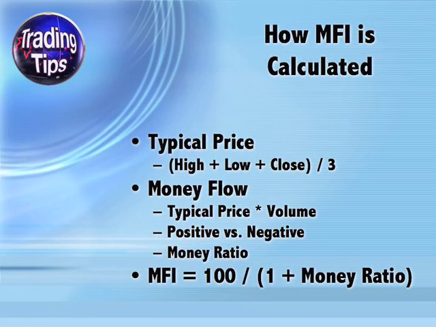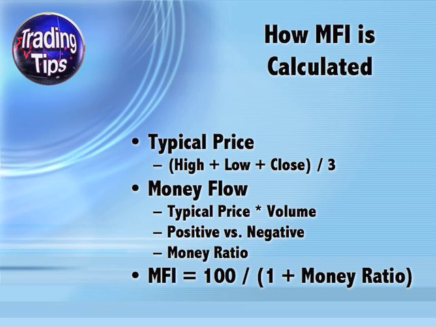Really quickly, let's take a look at how MFI is calculated so you can better understand why it's such a valuable technical indicator. First, there's the concept of typical price, which is the average of the stock's high, low, and closing prices of a given day. Next, that value is multiplied by volume, so the impact of the day's trading on market sentiment can be determined. Typical price times volume is called money flow.